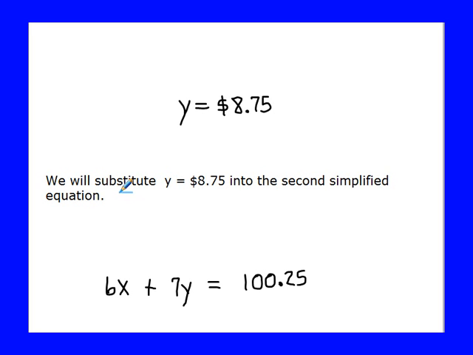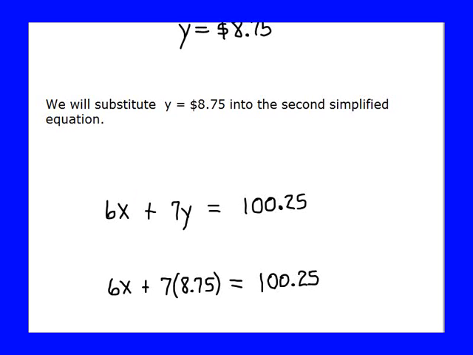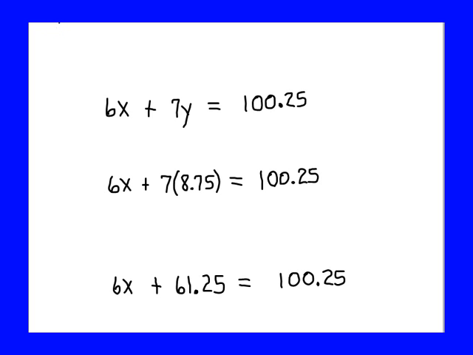So now we will substitute y equals $8.75 into the second simplified equation in order to find out what x is. So now we show you here that in place of y, we substitute 8.75.